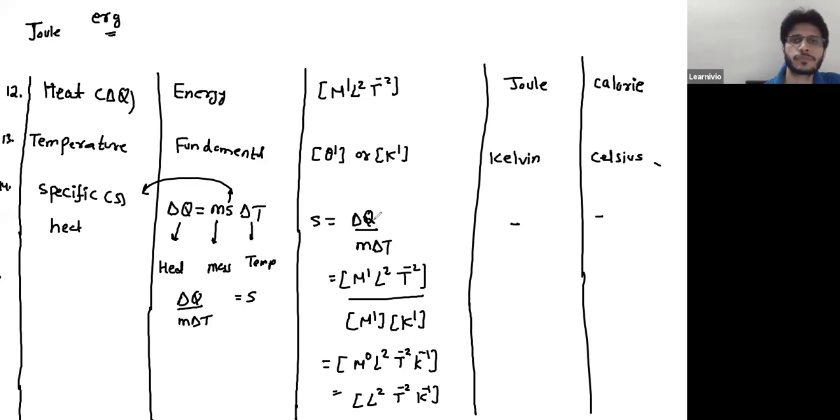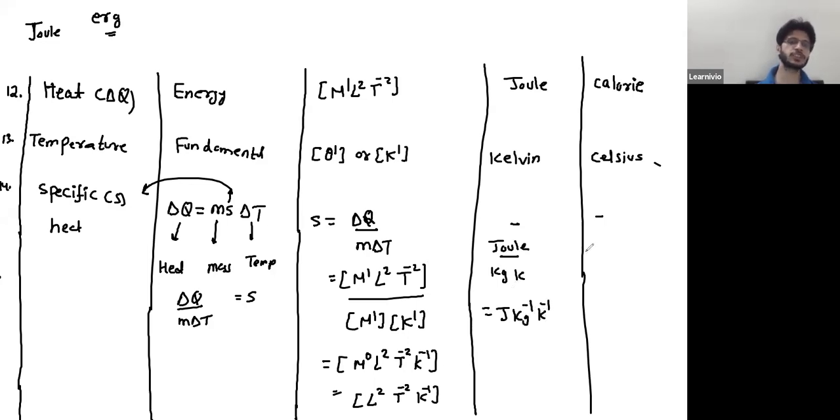Now, if we write units, then the unit is delta Q by m delta T. The SI unit of delta Q is joule, divided by mass, which is kg. Delta T is temperature, which is Kelvin. So the combined unit is joule per kg per Kelvin.